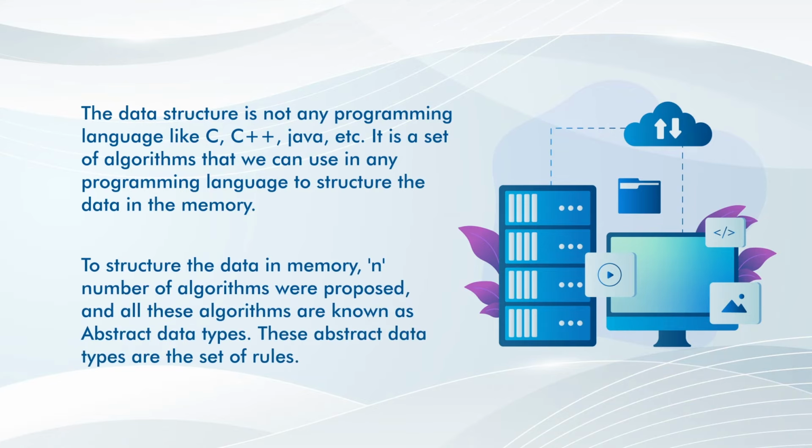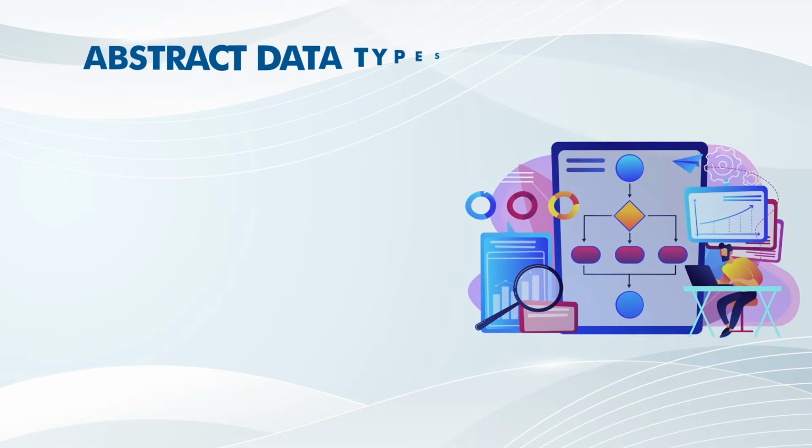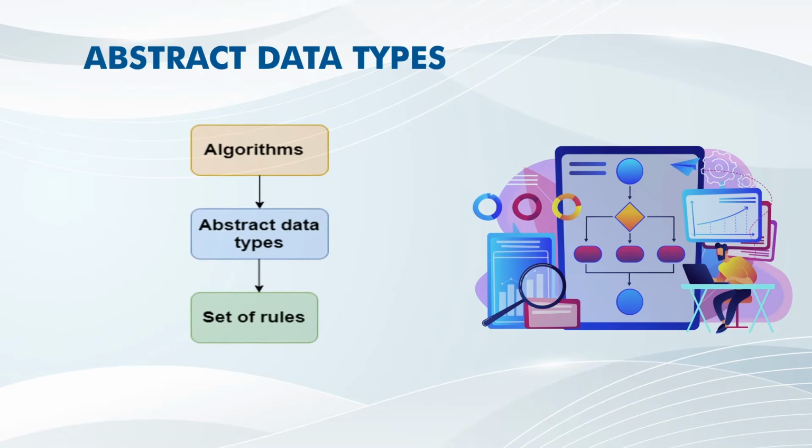To structure the data in memory, n numbers of algorithms were proposed, and all these algorithms are known as abstract data types. These abstract data types are a set of rules. How can we tell that the abstract data types work?